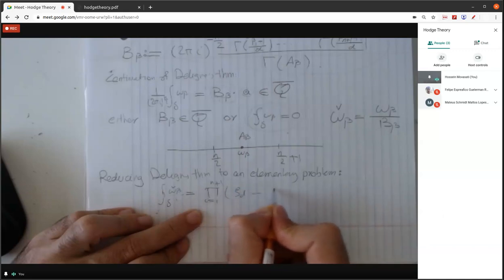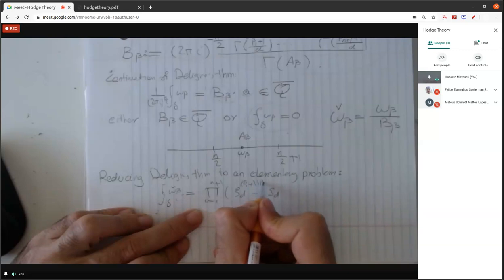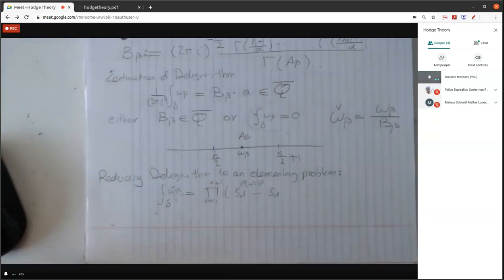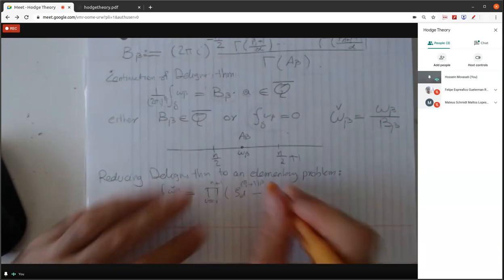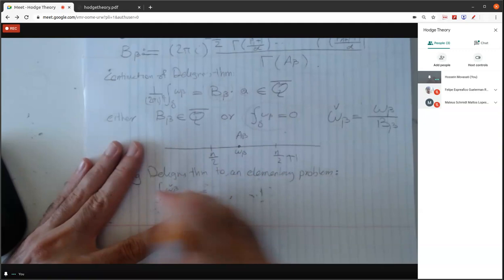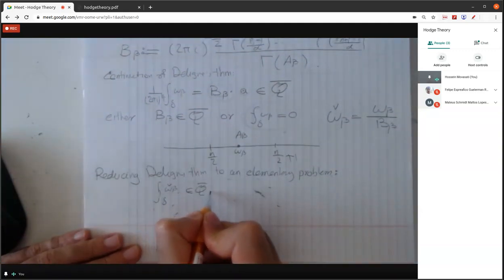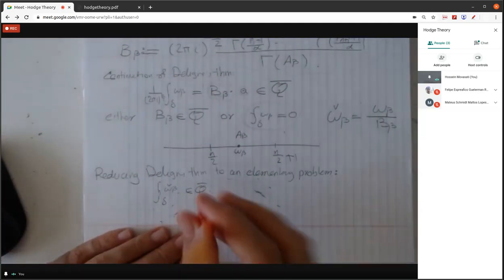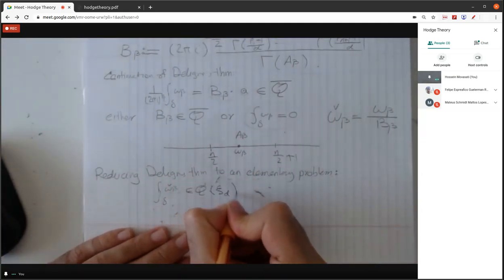Remember this beta i plus 1, beta i. Anyway, we know that we have an explicit formula that this is an algebraic number, and actually a number in Q zeta d.